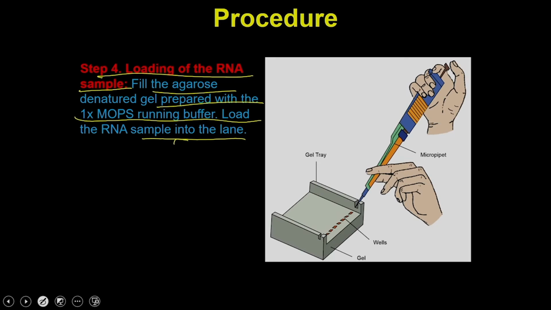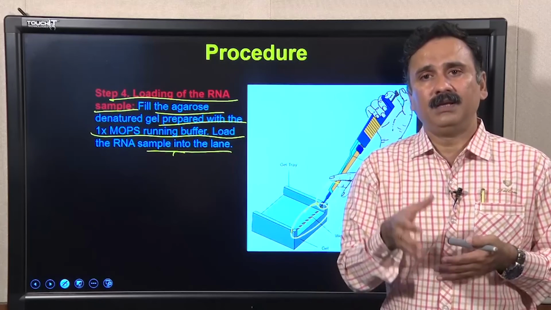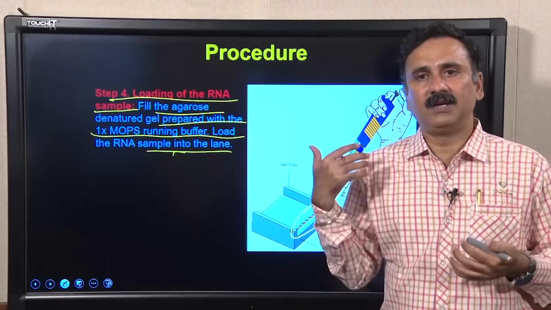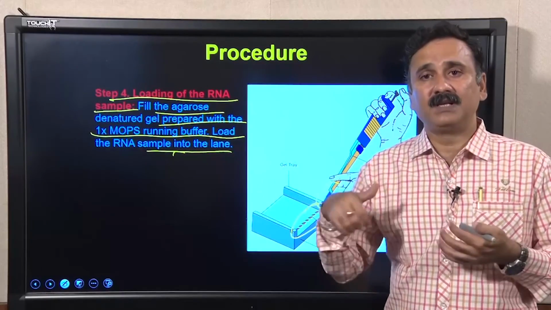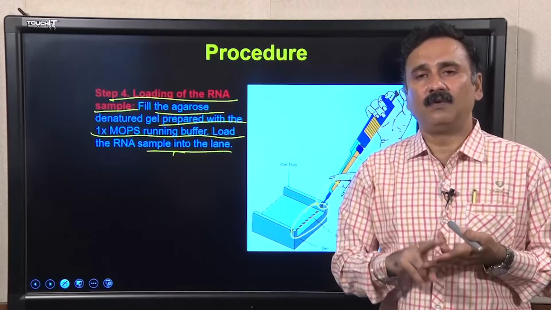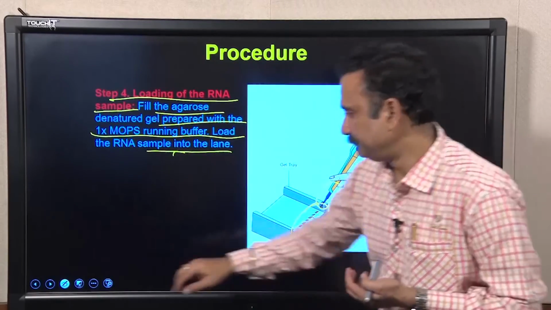The loading is exactly the same as what we discussed for loading DNA into the agarose gel, except that you have to be a little careful that all the tips and other instruments you are using should be sterilized, because RNA is very sensitive to degradation. RNase is present everywhere, so RNA gets degraded very fast. So, you have to sterilize everything and use filter tips instead of normal tips.